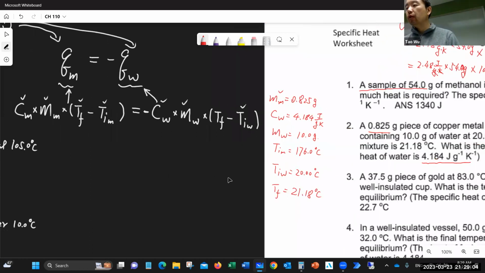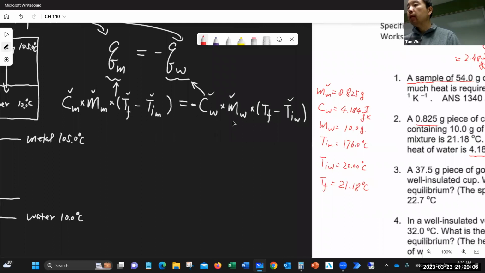And then we can just go ahead. Once you set up this equation, then you can plug those parameters into these equations. So what are they looking for? They are looking for the specific heat of the metal, which is copper.